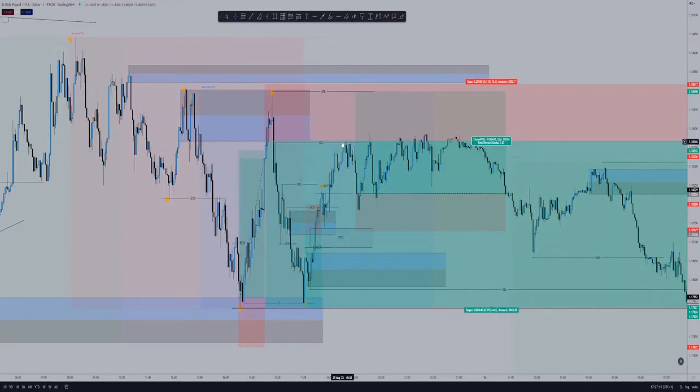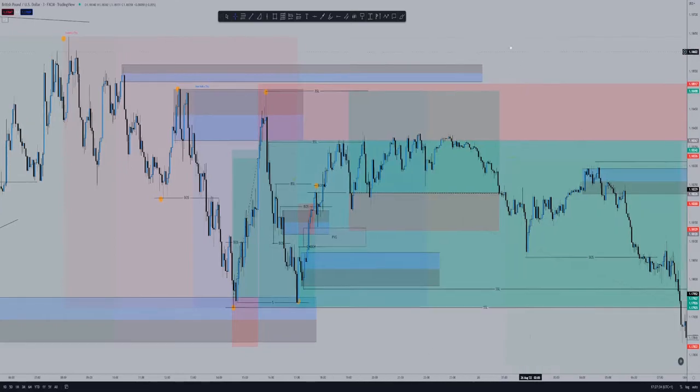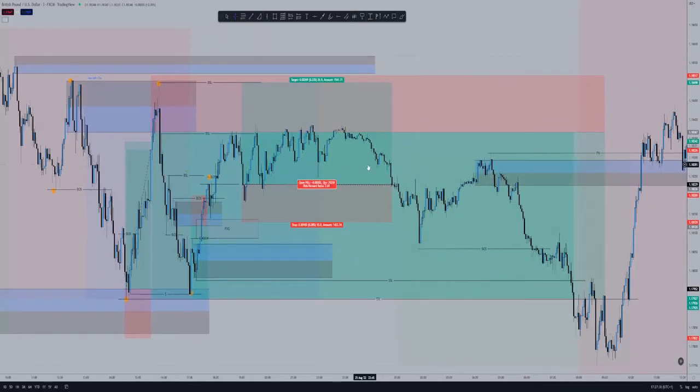Then price retraced to the break-even point, the initial entry at the supply again. Bit of consolidation at the supply, again holding the entry point, never really going into drawdown too much, and price then broke structure to the downside here, had a change of character.